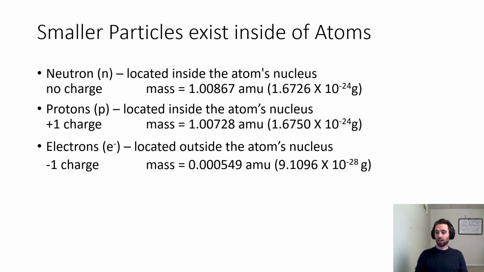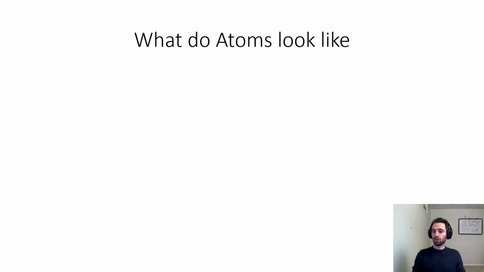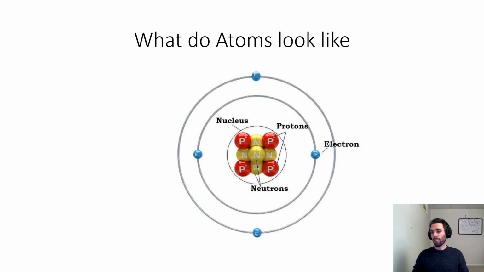And the electron will be the subatomic particle that we actually study the most in chemistry. You tend to study things like protons and neutrons more in the field of physics. Let's put this into a picture. What do atoms look like? We said that in the nucleus of an atom exist protons, which are in red, and neutrons, which are in yellow. The proton has a positive charge, positive 1.